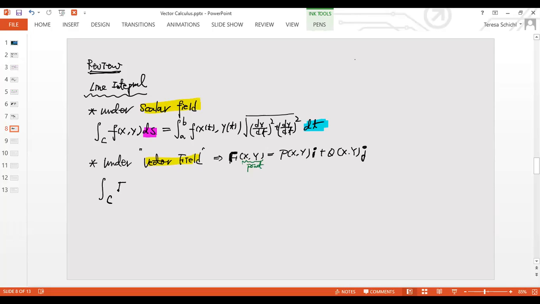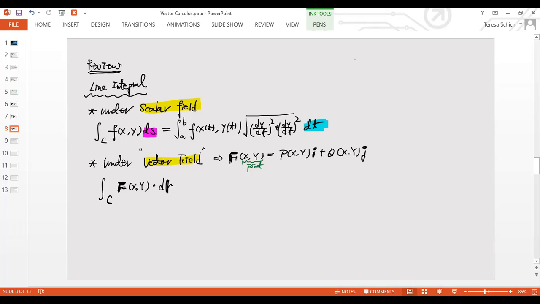Instead of a scalar function, you have the vector field function F(x, y), with the i component and the j component. Then you take the dot product with dr.